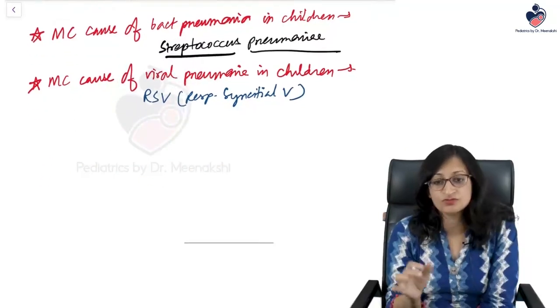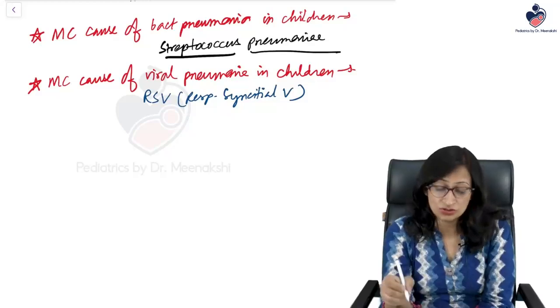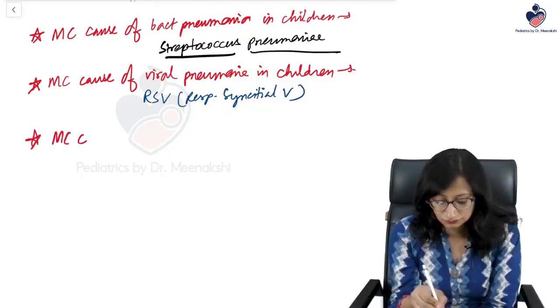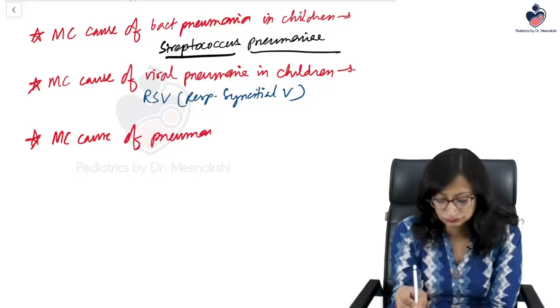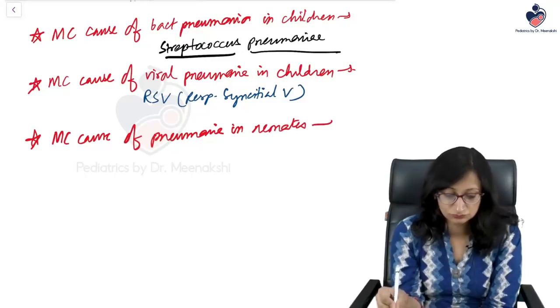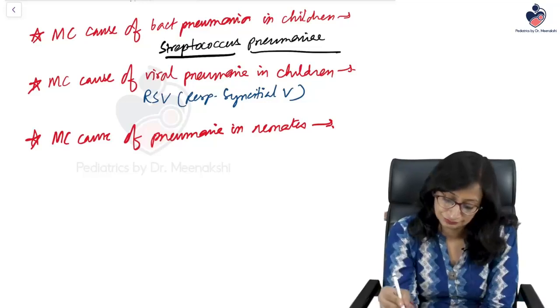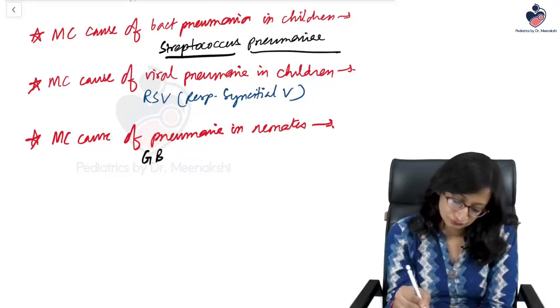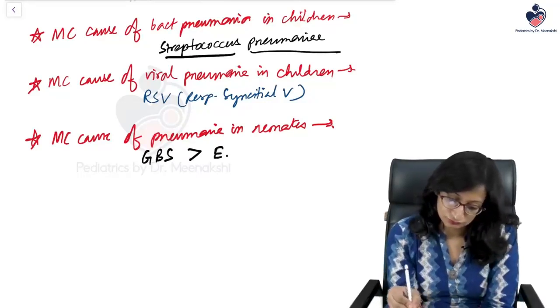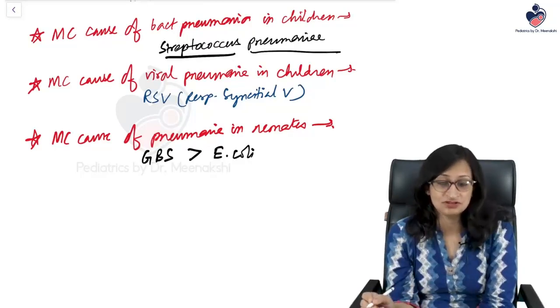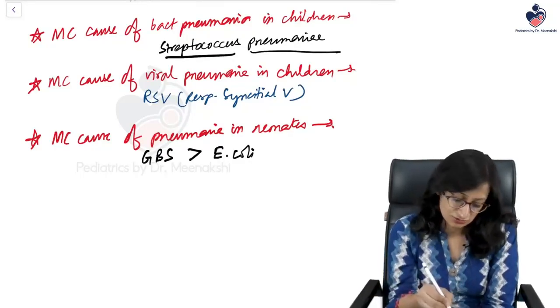Most common cause of pneumonia in neonates worldwide is group B Streptococcus, followed by E. coli. While the most common cause of pneumonia in children with HIV is Pneumocystis jirovecii.